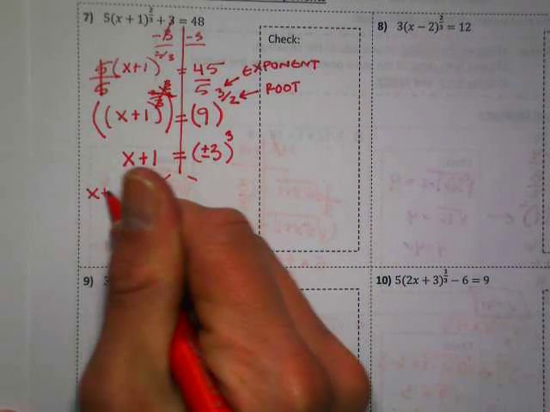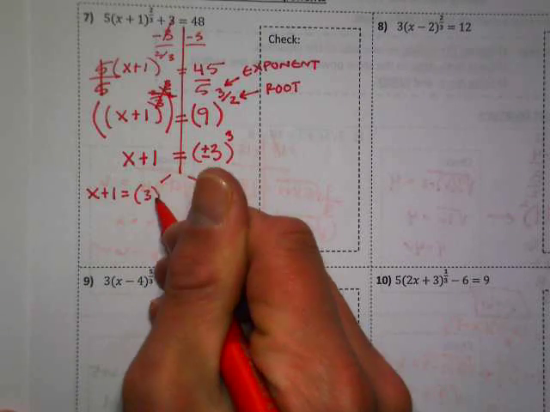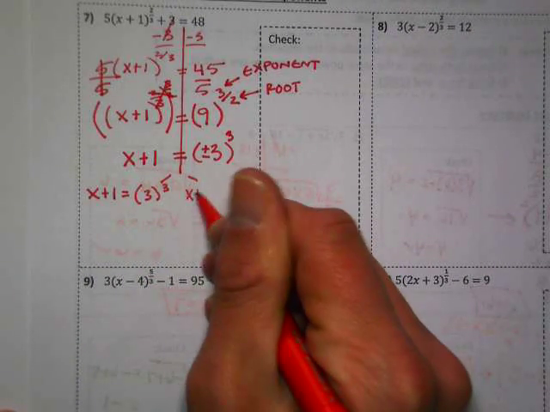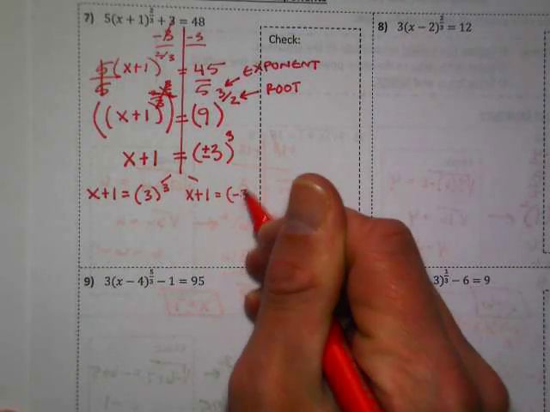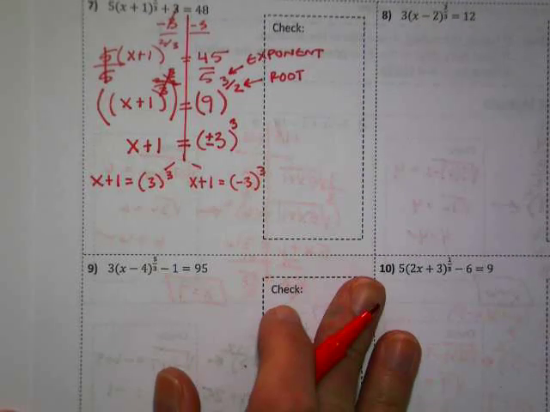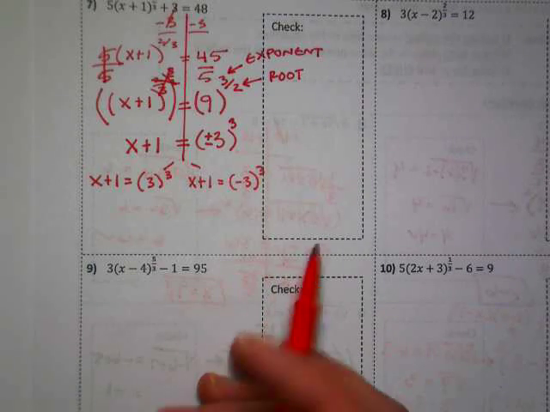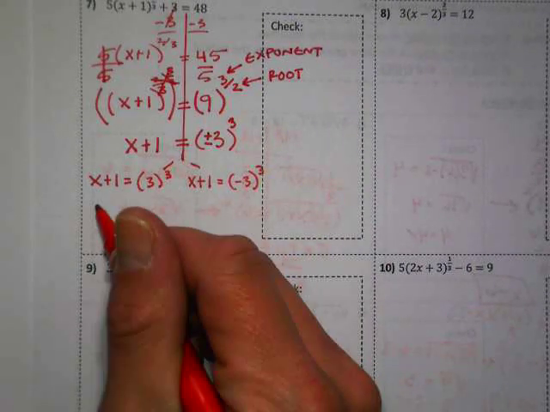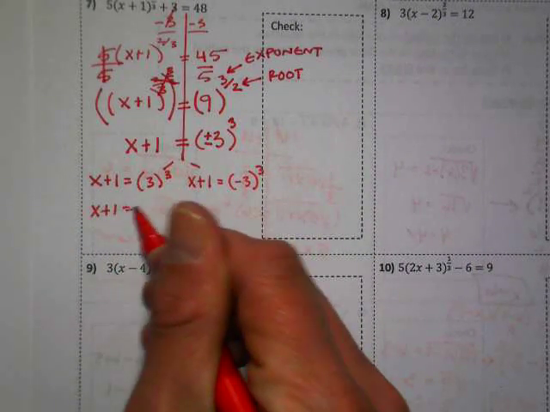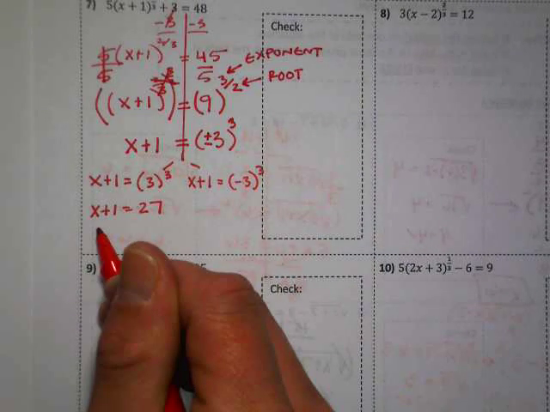X plus 1 equals +3 cubed, and x plus 1 equals -3 cubed. Make sense? All right, what is 3 cubed?